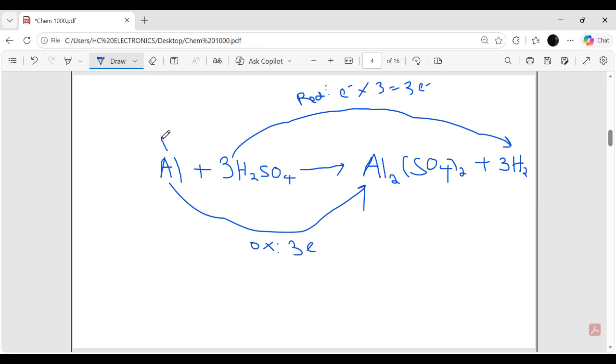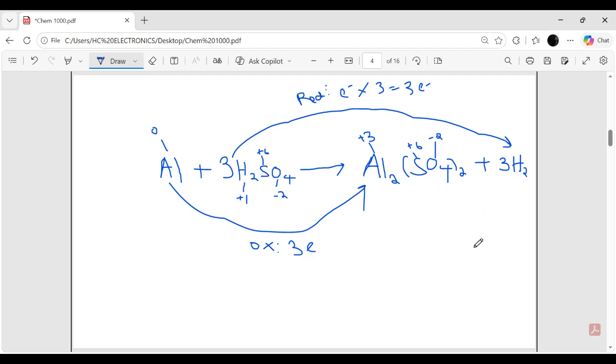This one, the oxidation state is 0. Here we have +1, this one is +6, this one is -2. Then here this one is +3 in a compound, then +6, then -2.